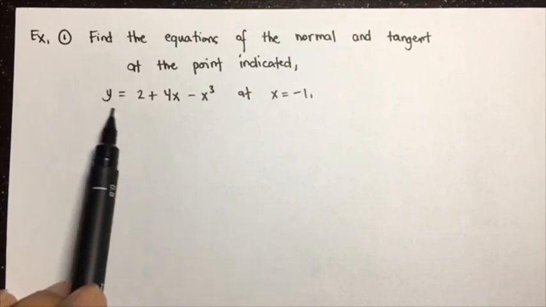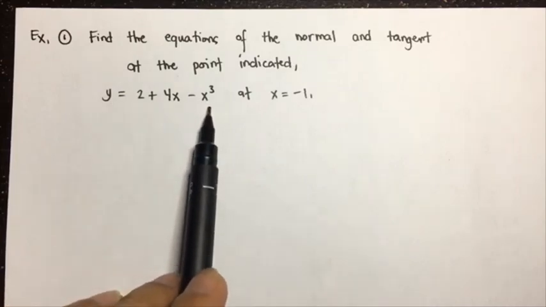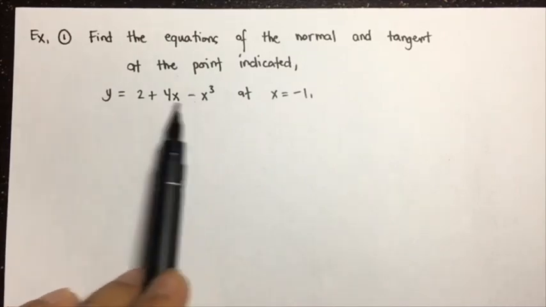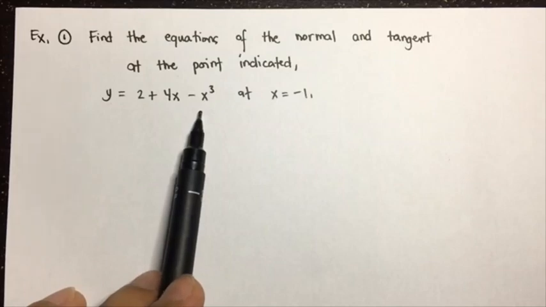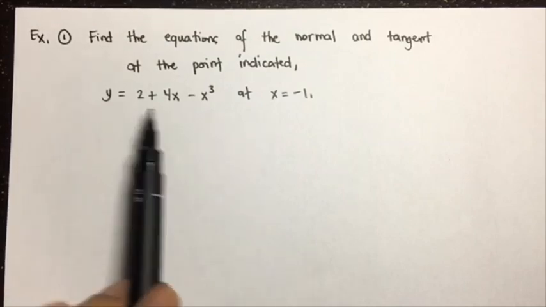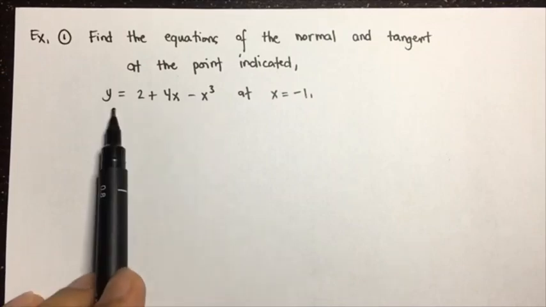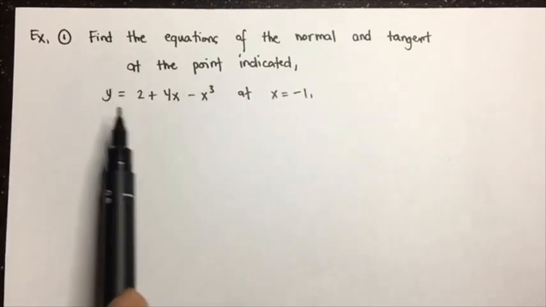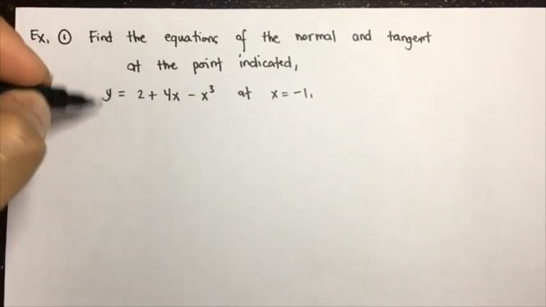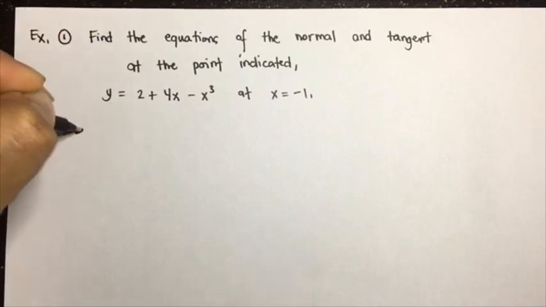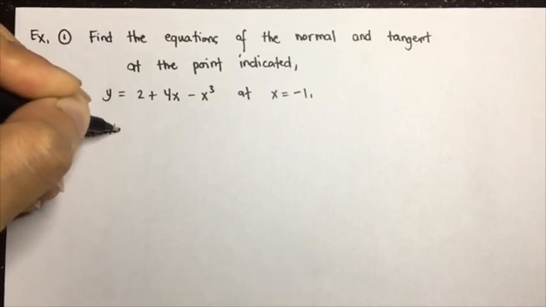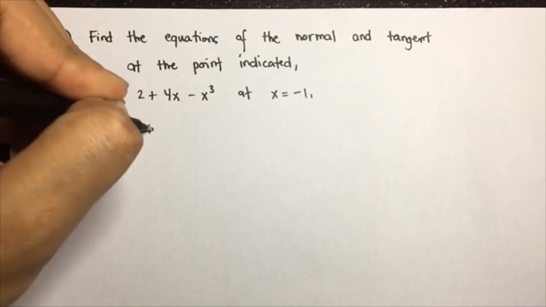For illustration purposes, it may be good if we graph this, but actually we can solve these problems without graphing the curve. So for the solution, we solve first for y.